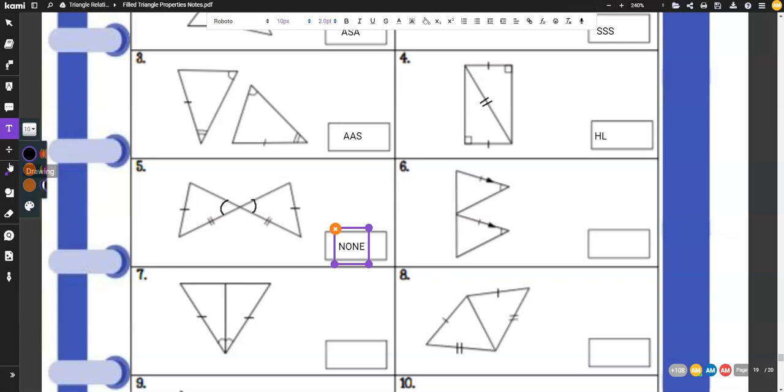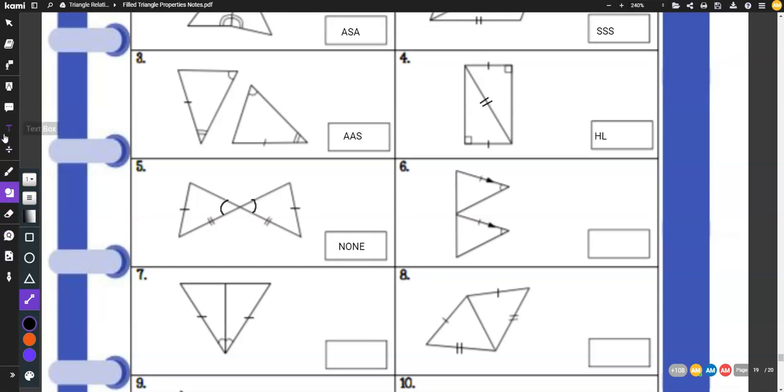All right, number 6. Just as a reminder, these little arrows right here mean that these lines are parallel. So what that tells me is this angle here is congruent to this angle here.